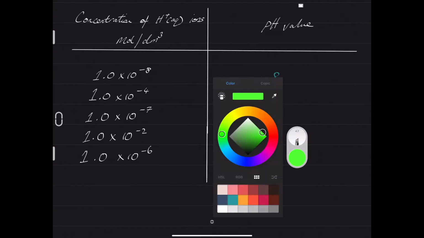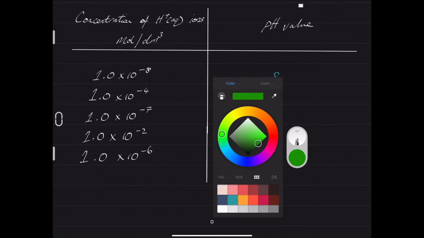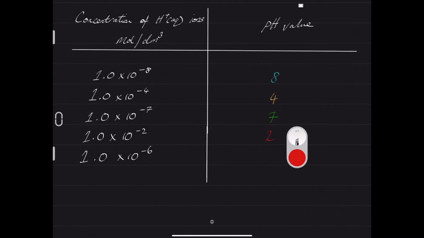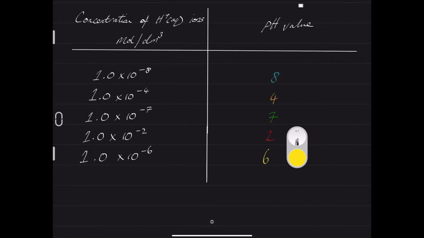Let's make it a little bit darker. Okay, so what you can see here is a series of pH values that have been given for the corresponding concentration of H plus ions indicated on the table.